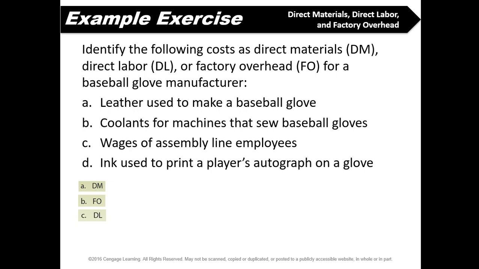Again, we're going to incur a cost for that ink, but I'm not going to sit and count how many ounces of ink is going onto each glove. It would just take too much time. So that ink, again, is going to be some indirect material, and indirect materials are labeled factory overhead.